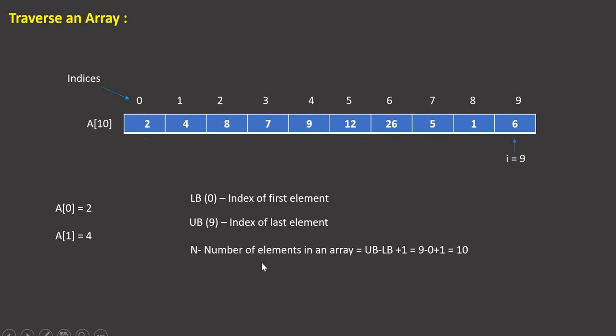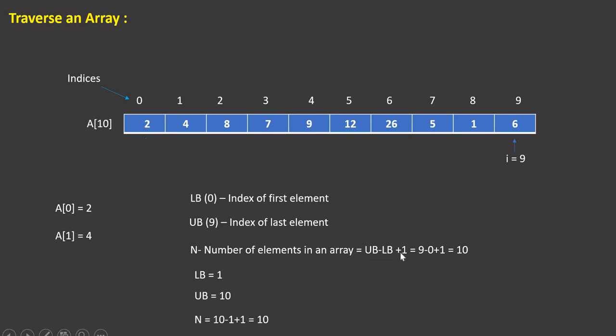Okay, so let's say if you have been given some different index number, the first element of the array is at the index number 1, means the lower bound is 1. In that case, the upper bound is equal to 10. These two values are given and you have to find out how many numbers of elements are there in the array.